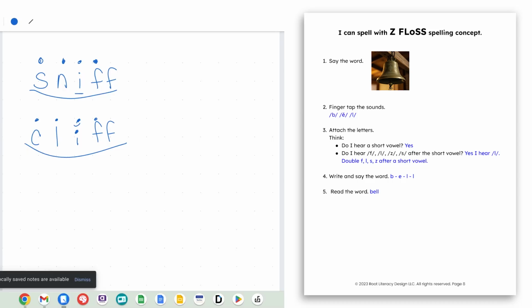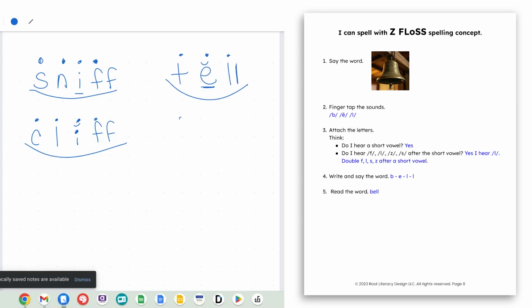The next word, repeat the word tell. Tell. Tap the sounds, T, E, L. Attach the letters, T, E says E, L. But I know that if it's a one-syllable word and it's next to a short vowel, I need to double the L. The word is tell. Repeat the word spill. Spill.